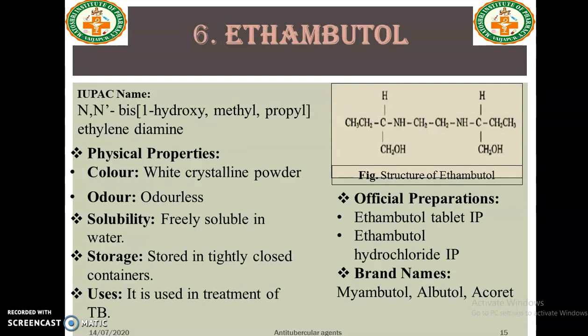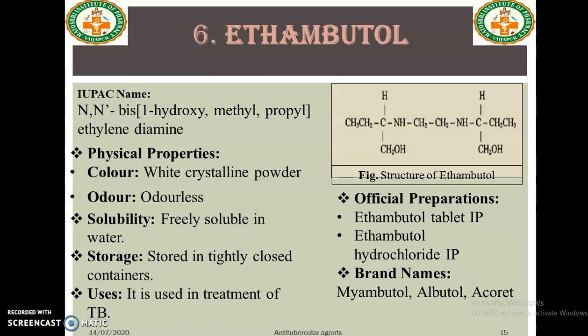The next example which we are going to study is ethambutol. Here is the structure of ethambutol. The IUPAC name for ethambutol is N,N'-bis(1-hydroxymethylpropyl)ethylenediamine. It is a white crystalline powder, odorless.